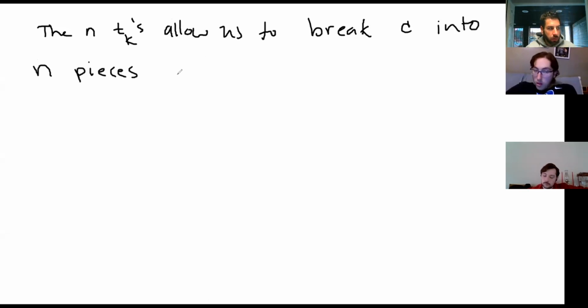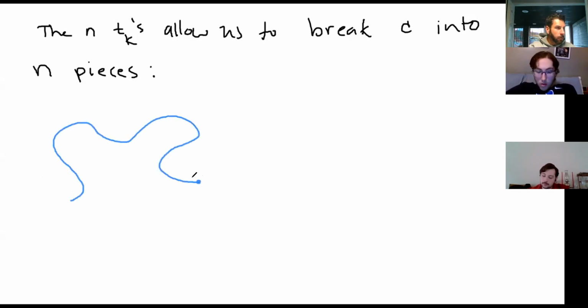So let's draw the picture again. This time I'm just going to draw the curve without the coordinate axes. So my curve looked something like this. I don't know, it doesn't really matter. So it starts here and it ends over here.